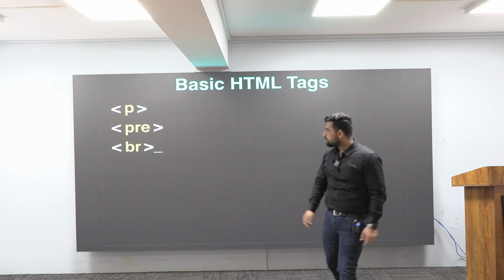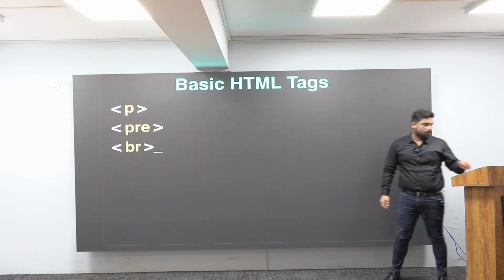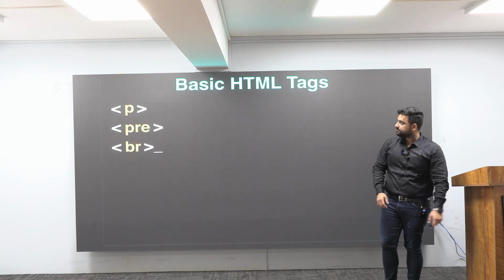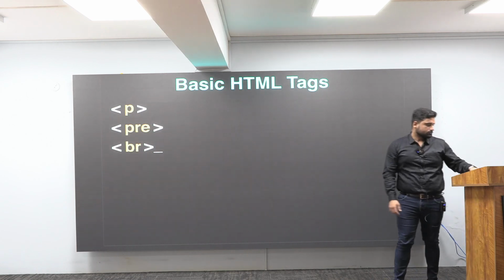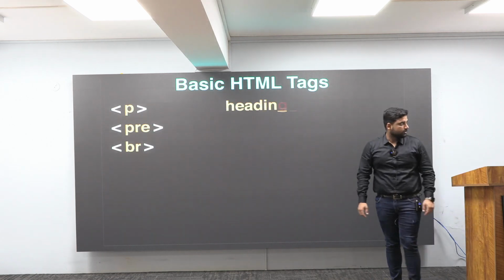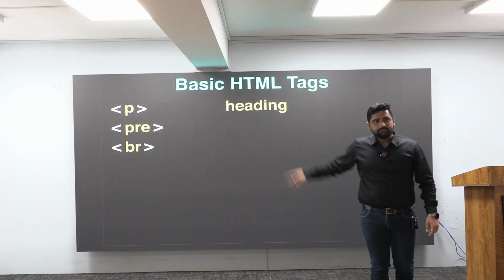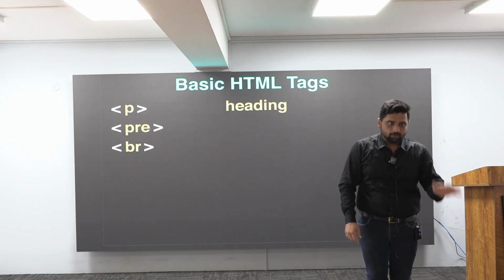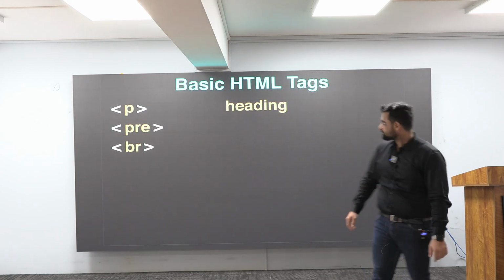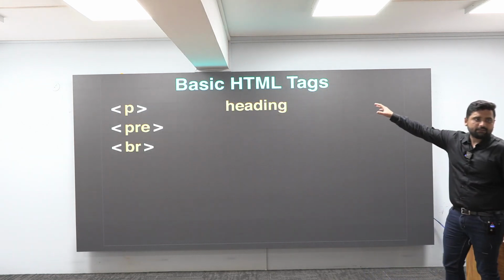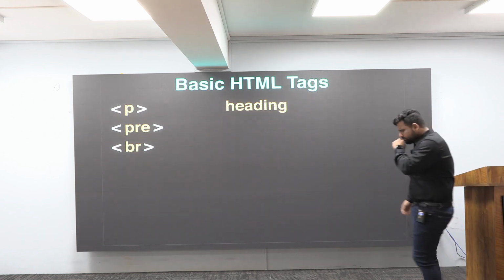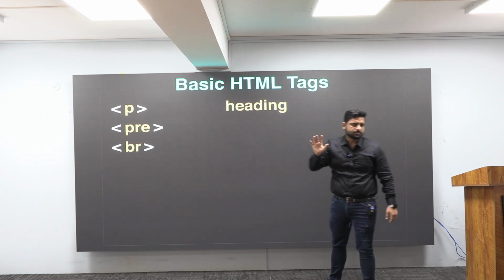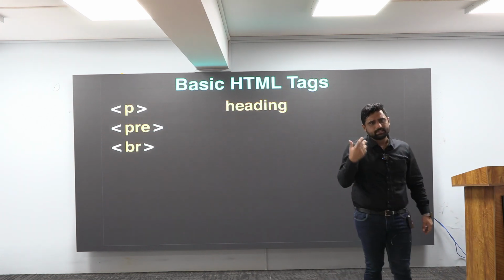Now let's understand what are all the tags we are having here. What is this I have mentioned here? Heading, not the heading tag. It's a heading only. The tag I will mention later. Whenever you want to put any headings, you understood what that is?